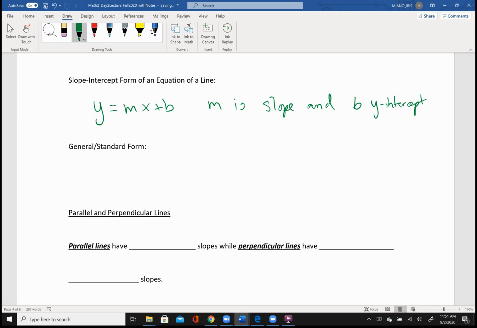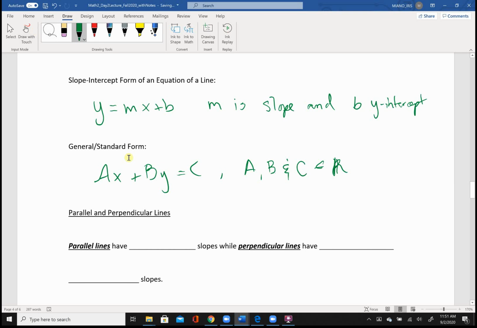The general standard form of an equation of a line is ax plus by equals c, where a, b, and c are any real numbers. Generally, they are usually integers, and a is furthermore usually positive, but that doesn't have to be the case. According to the definition in the textbook, they are just all real numbers. So that's meant to be a fancy R.